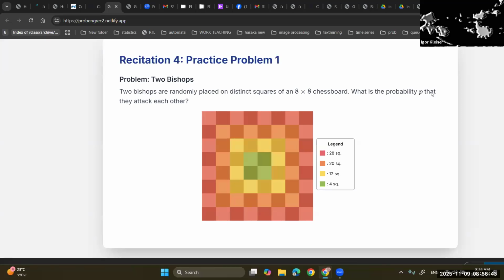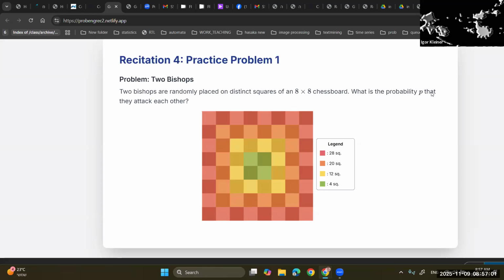Let's continue. If the first bishop is on this square, for example here, how many squares will it attack? We need to count, yes? 1, 2, 3, 4, 5, 6, 7 on this diagonal, 8, 9, 10, 11.